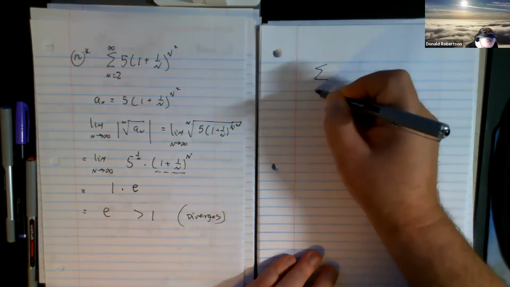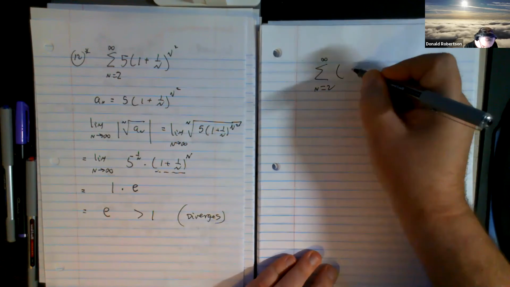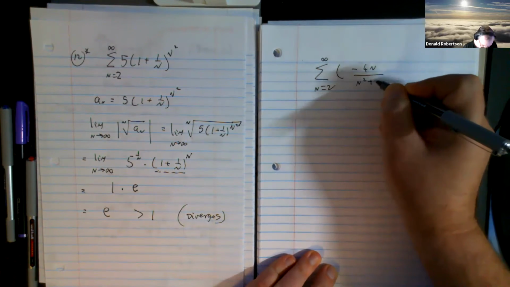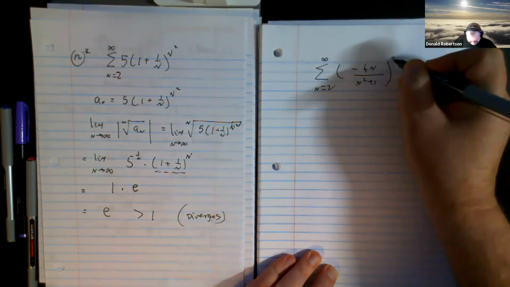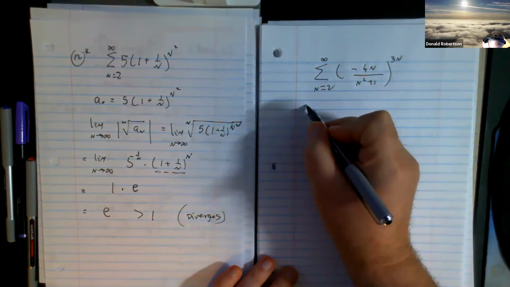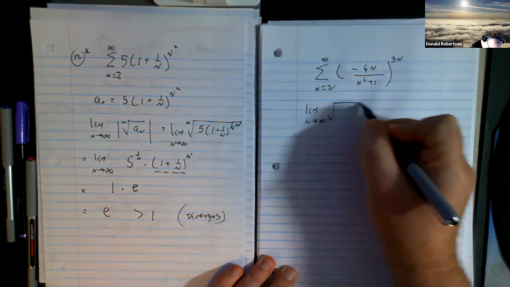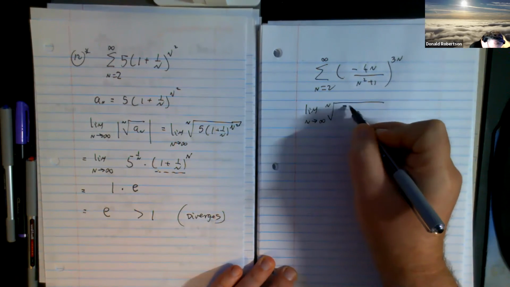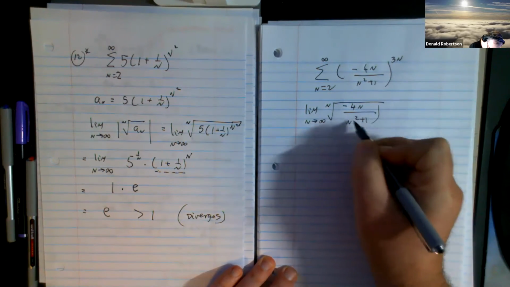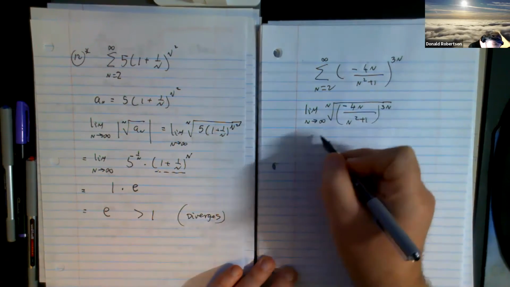Let's do the sum from n equals 2 to infinity of negative 4 over n squared plus 1, all to the 3n. So I'm going to do the limit as n tends to infinity of the nth root of that guy.